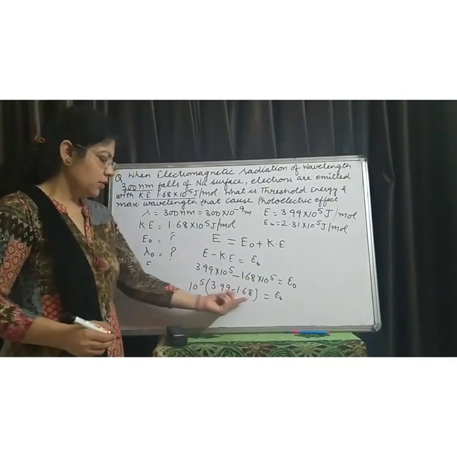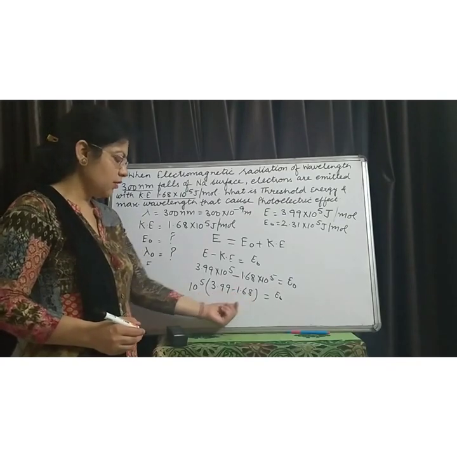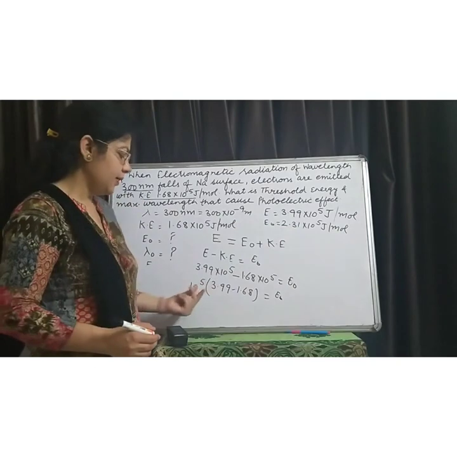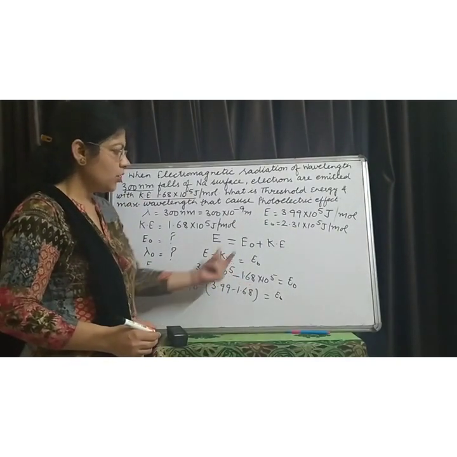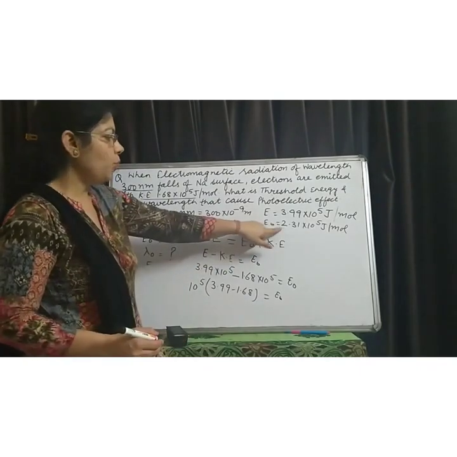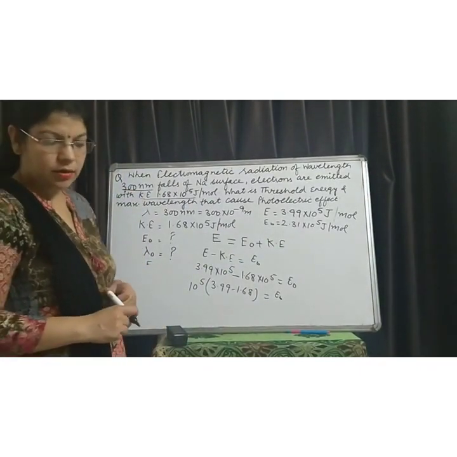When you subtract 1.68 from 3.99, you get 2.31, and 10 raised to power 5 is common in both. So the threshold energy is equal to 2.31 into 10 raised to power 5 joule per mole.